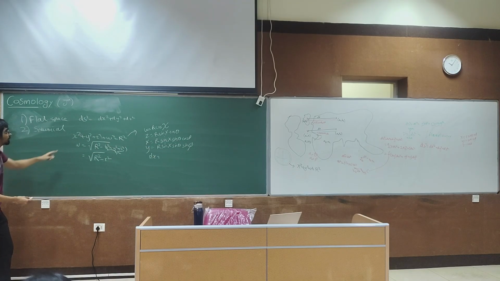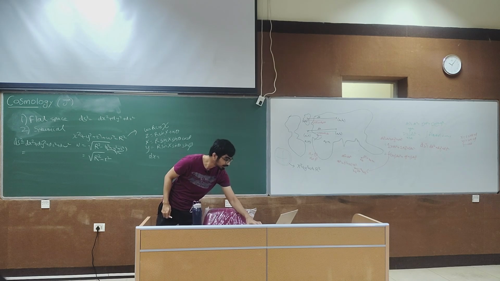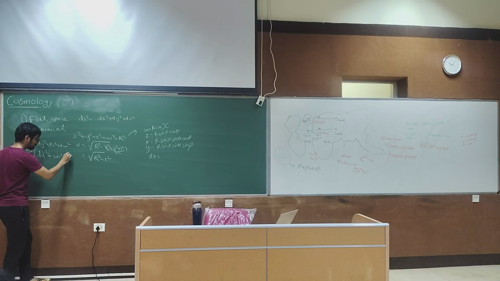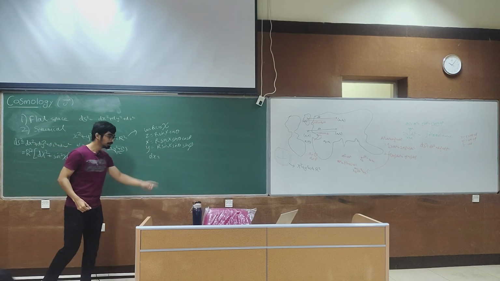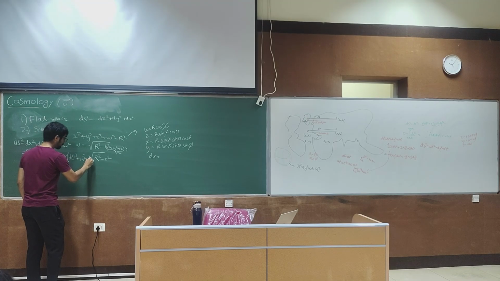Then you will see that this metric, where we had ds squared equal to dx squared plus dy squared plus dz squared plus d omega squared, use those relations to get a metric in terms of chi, and what we would have is r squared d chi squared plus sine squared chi times what we have there, which is d theta squared plus sine squared theta d phi squared.